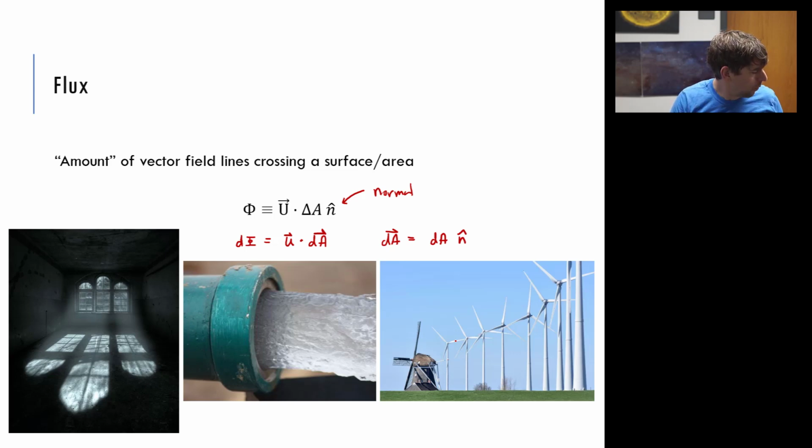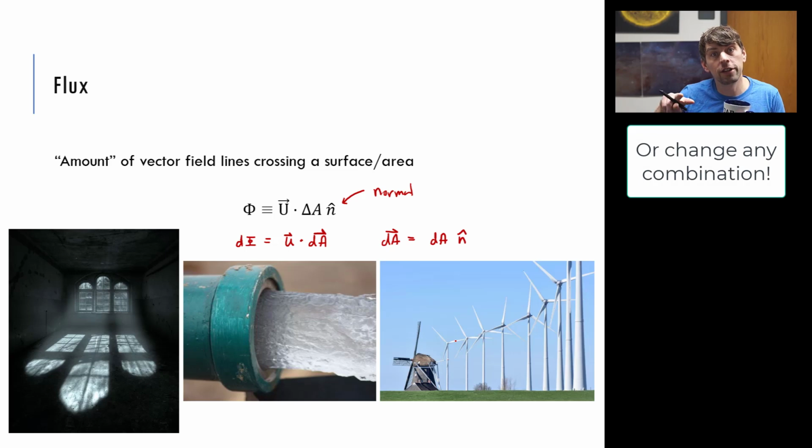Good. I will note, because this is a dot product, you'll notice that there's three different ways for you to change the flux. You can change the magnitude of your vector field. You can change the magnitude of the area. Or, good, you can change the relative positioning between the vector field and the area.